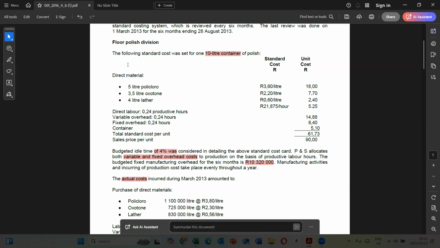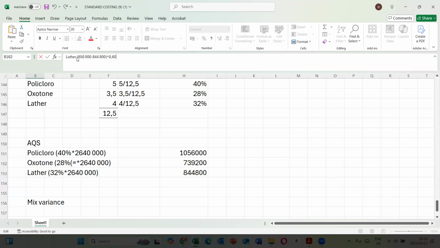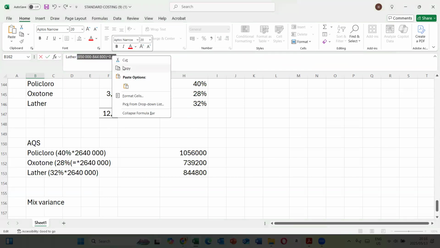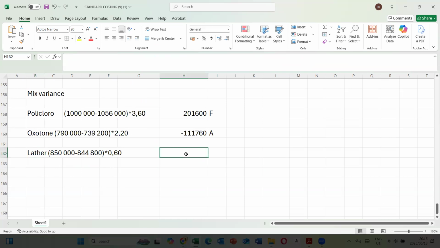So multiply with 0.60. So that's what it then gives us. So is it favorable or adverse? Anyone, guys? Adverse, right? We used more than we should have, so it becomes adverse.